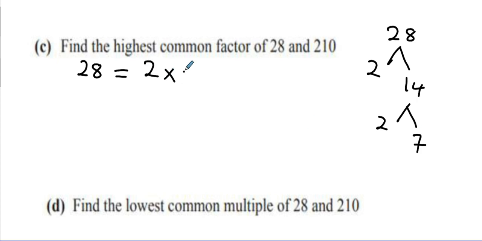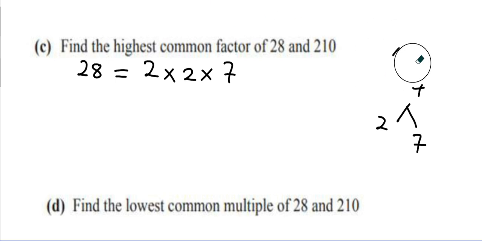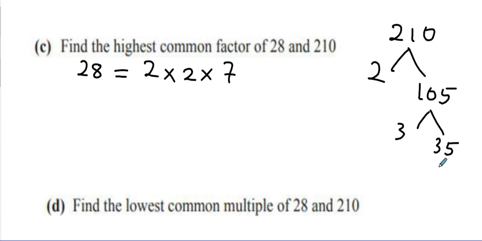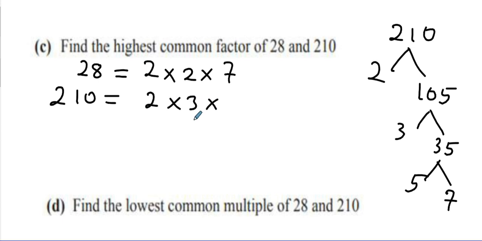So 2 times 2 times 7. And then you do 210, same thing. 210 by 2, we said 105, by 3, we said 35, by 5, we said that 210 will be equal to 2 times 3 times 5 times 7.